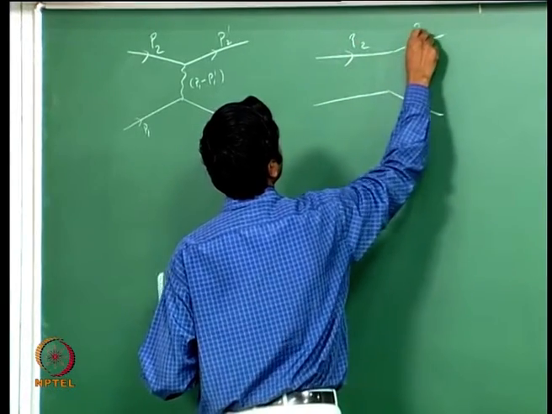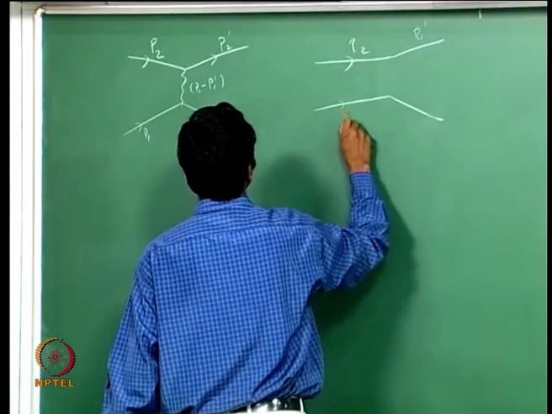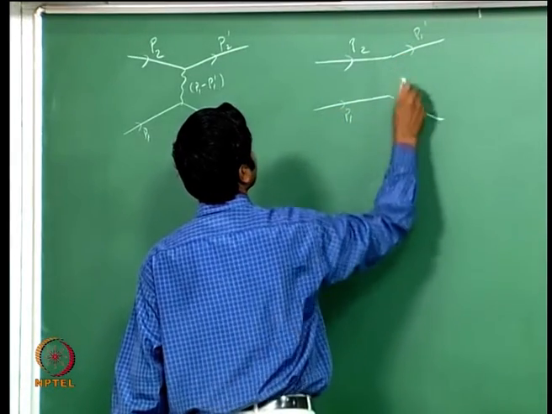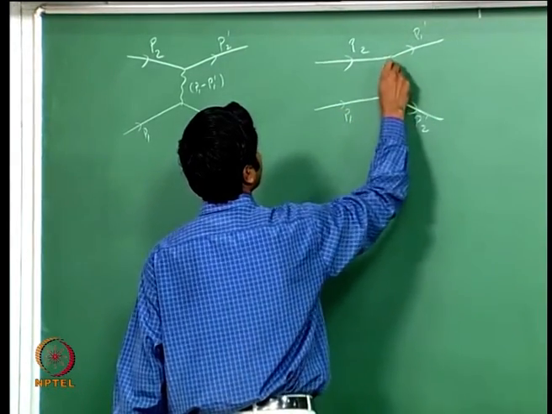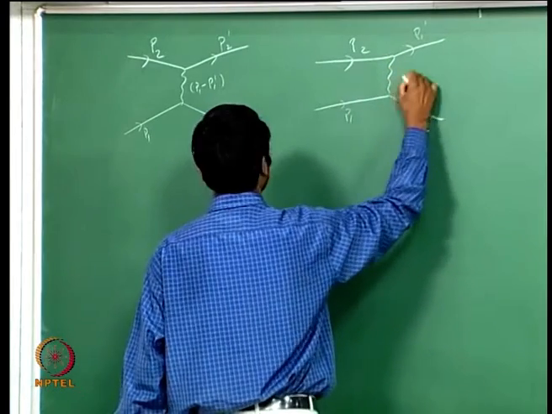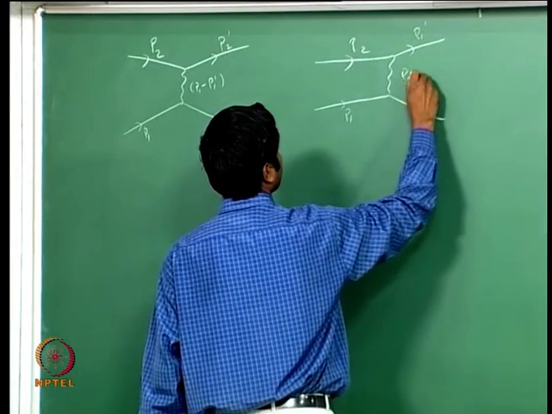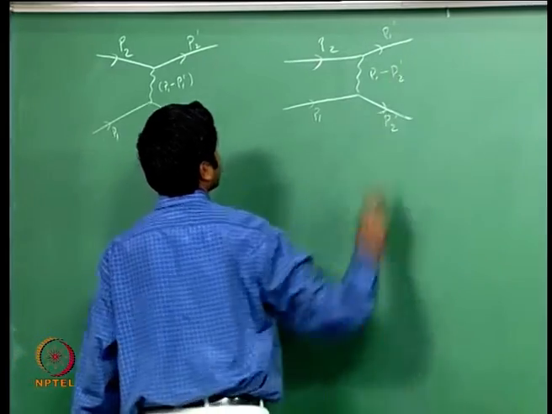P2 going to P1 prime, P1 going to P2 prime, and the virtual photon carries a momentum P1 minus P2 prime.